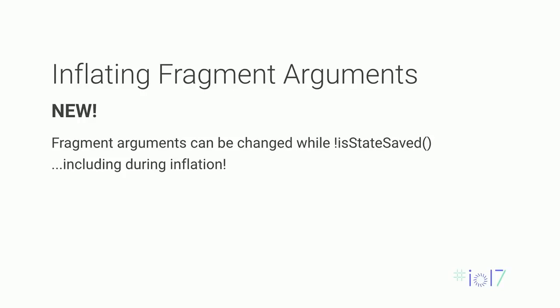So there's this case where after you rotate and so on, and we're reconnecting inflated fragments, which is something that we do automatically, you can run into this case where we've already restored that fragment. We're trying to hook it back up again, but it's already added, which means that you can't do the natural thing, which is to represent all those arguments that you may inflate as arguments in the bundle. That way you basically have a single source of truth for all the configuration parameters of that fragment. Well, now you can.